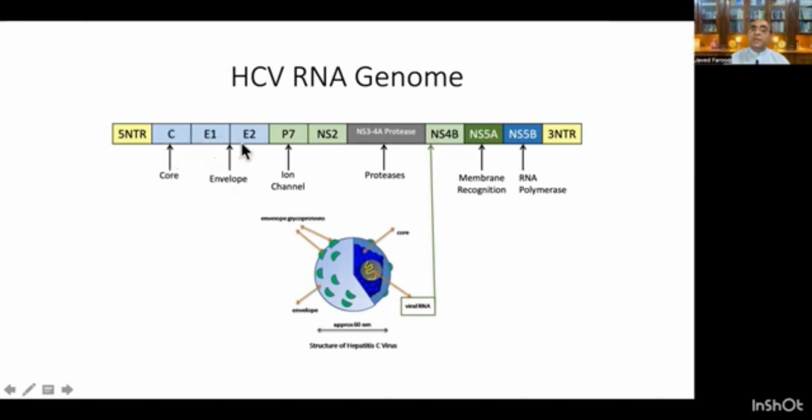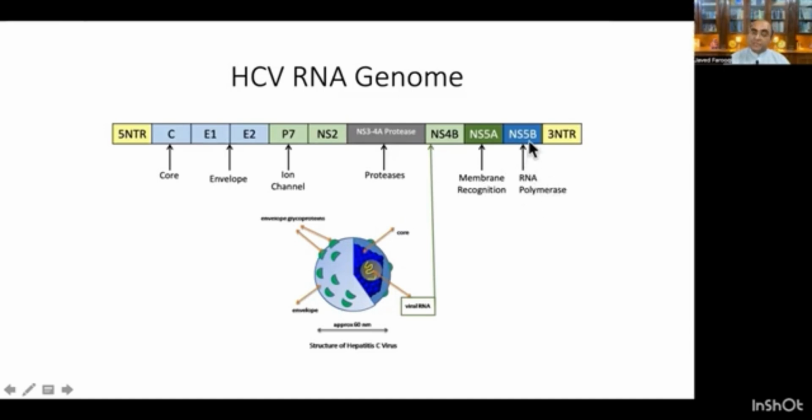The E1 and E2 give the envelope proteins, the glycoproteins. The P7 behaves as an ion channel, while NS3 and NS4A behave like proteases. The NS5A's action is membrane recognition, while the NS5B carries the RNA polymerase activity.